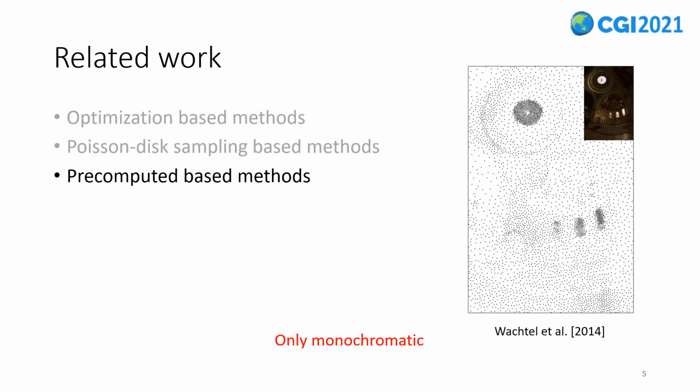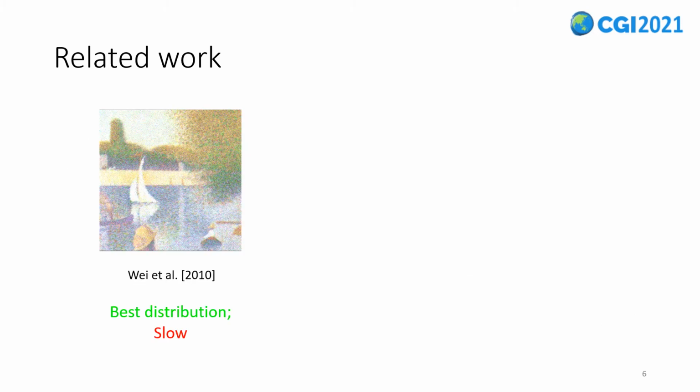However, all of the above are gray image stippling. They only produce grayscale dots. We first extended the traditional single-class Poisson disk sampling to multi-class sampling, which can be used for color stippling perfectly.